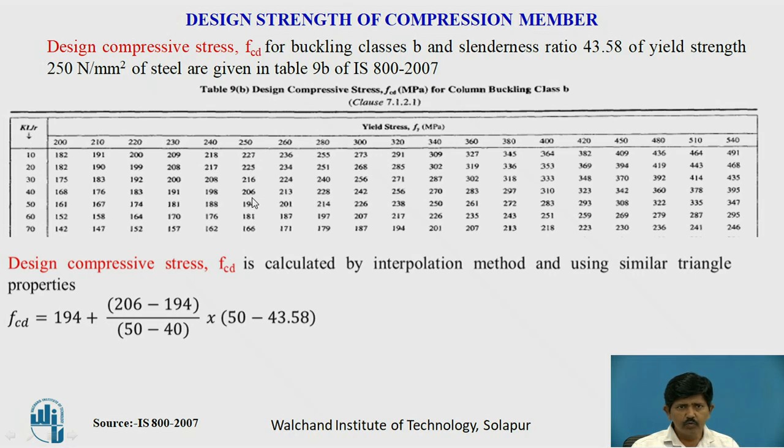We have to interpolate between these to get the Fcd for 43.58. So Fcd equals 194 plus (206 minus 194) divided by (50 minus 40), multiplied by (50 minus 43.58). This uses similar triangle properties.